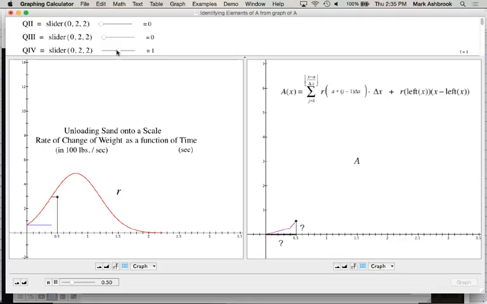Okay, hopefully this is easier. What's the horizontal? X. Just X. What's the vertical? A of X, or the entire right-hand side. Last one.